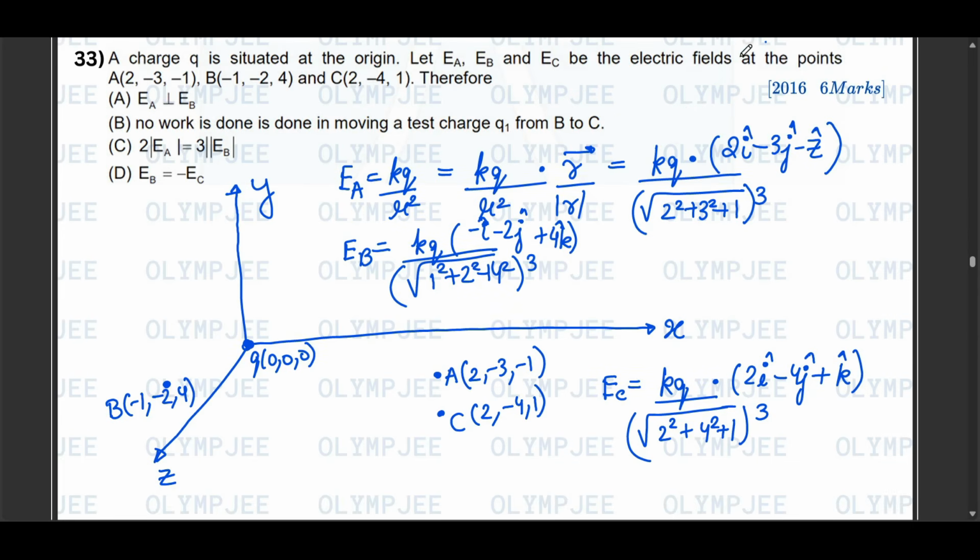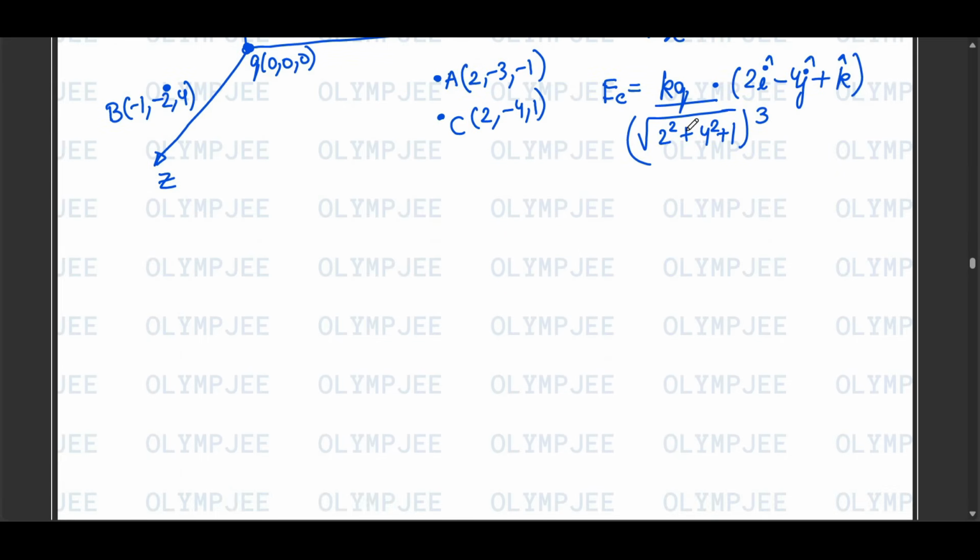So now let us see the options. EA is perpendicular to EB. Let us check. If EA is perpendicular to EB, it will imply that EA dot EB is 0 because cos 90 is 0. So let us check if this is true.